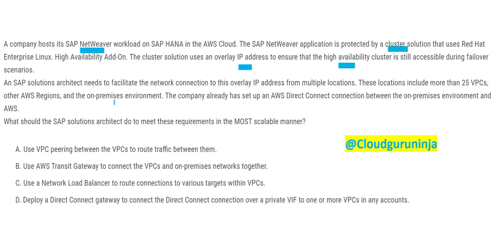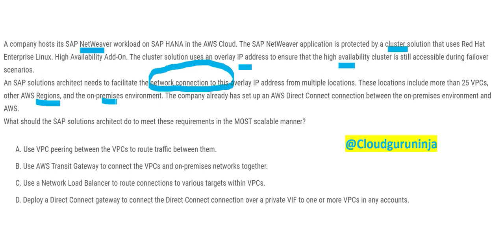So here we as an architect, we need to facilitate network connections, and these locations have more than 25 VPCs. They are spread across different AWS regions.